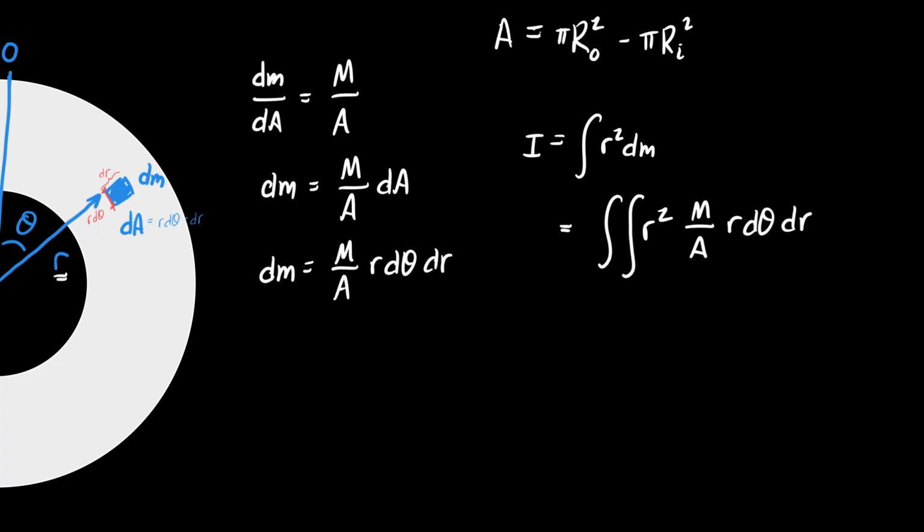And I want to set my ranges. So I'm going to go for every theta because I'm going all the way around the ring. So I will go from 0 to 2 pi for theta. But for r, I'm just going to start at r inner and go to r outer. All right? Any questions about any of those choices I've made so far?